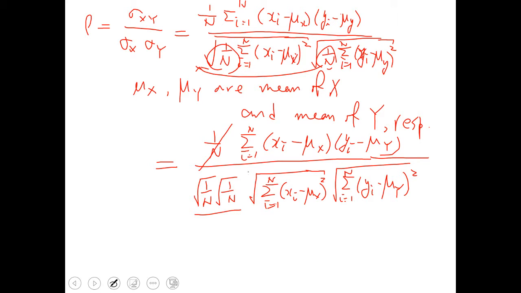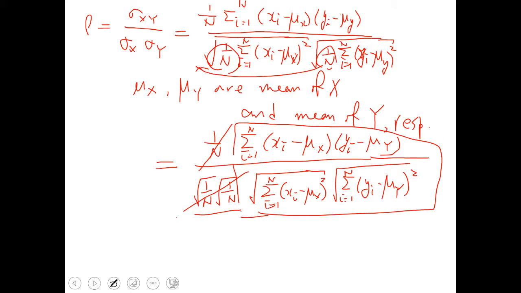These two 1 over n cancel together, and we obtain the same equation as the correlation coefficient.